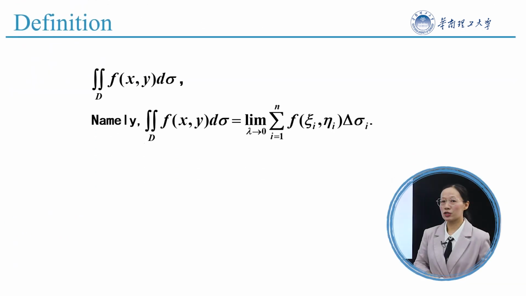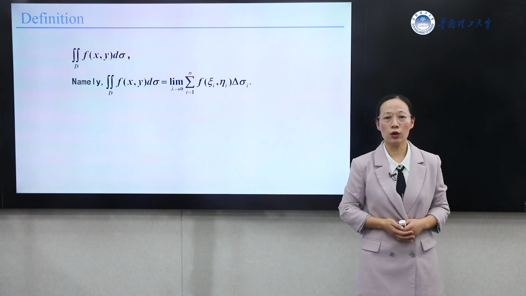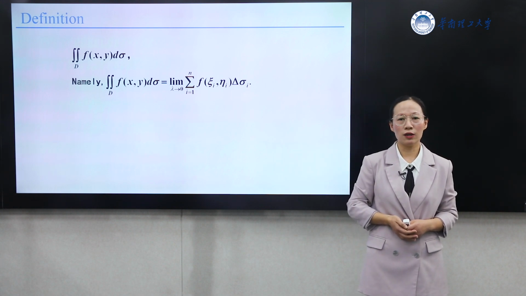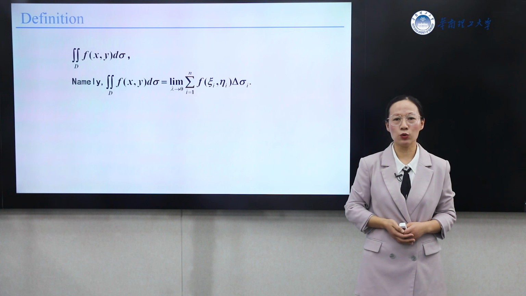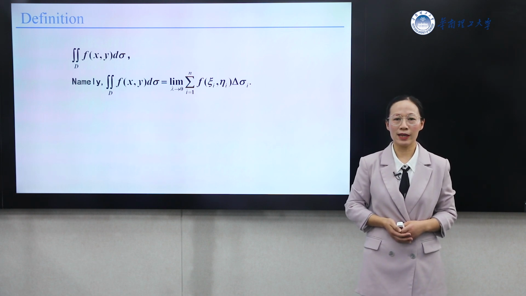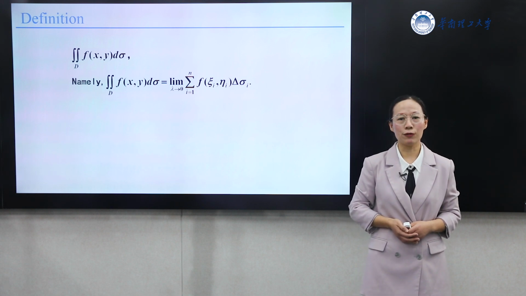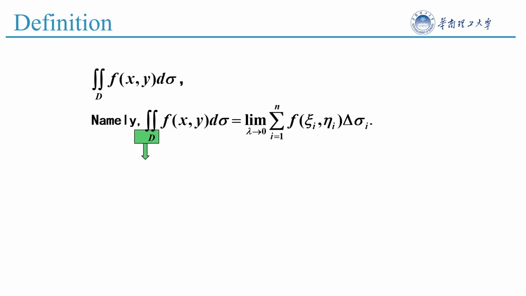If the limit exists, we call it the double integral of f(x,y) over the closed region D. That is, the double integral of f(x,y) over the region D is equal to the limit of the sum of f(xi_i, eta_i) times delta sigma i, i from 1 to n.